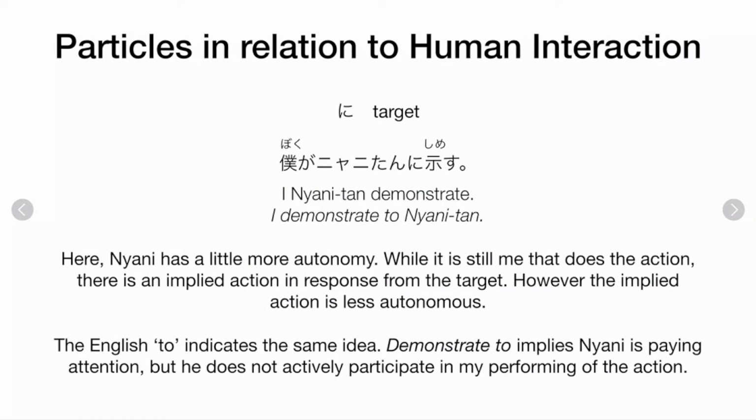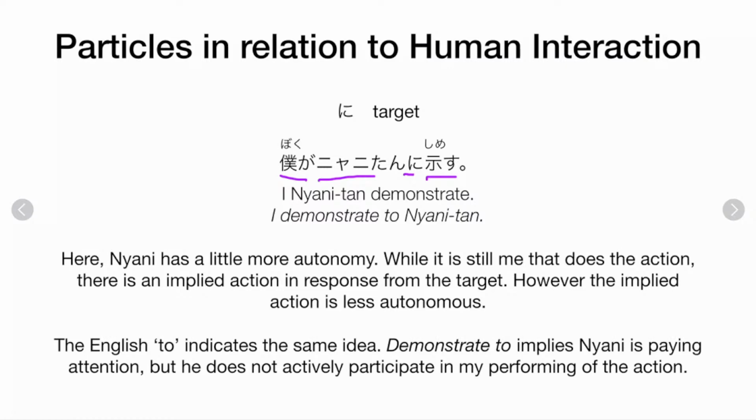Ni is a target, right? Boku ga nyani-tan ni shimesu. Shimesu is to demonstrate something, okay? So demonstration, right? Think of it this way. If I'm demonstrating something to Nyani, he is kind of required to listen to what I'm showing him and see what I'm doing to understand the demonstration.